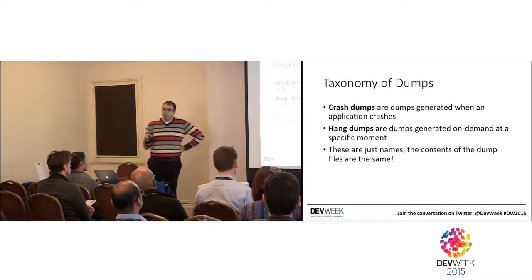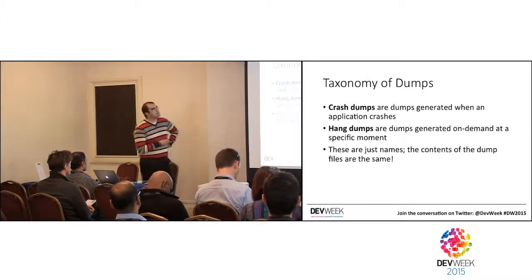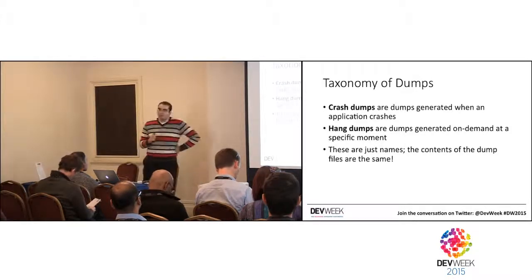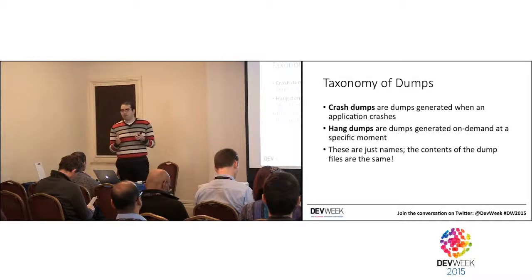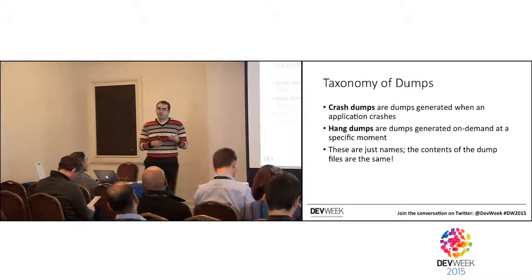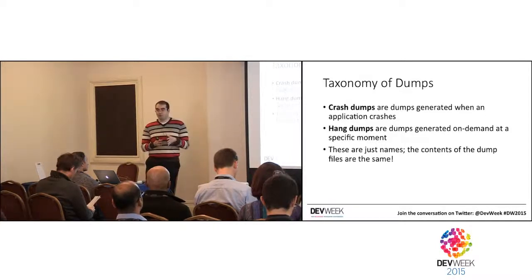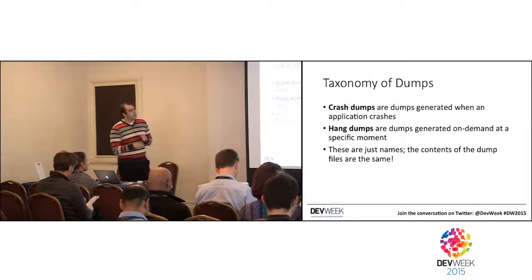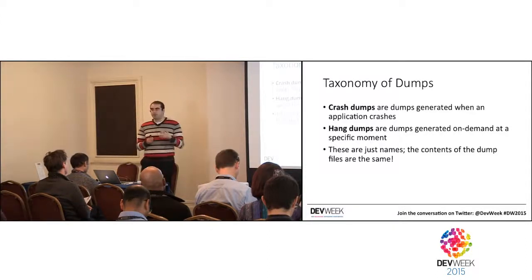Another concept I'd like to introduce you to briefly is that of crash dumps and hang dumps. So crash dumps are usually just that, crashes. So the system crashed and produced a dump file. Whenever the system crashes, you can configure it to produce a file which describes the information, the memory, at that particular point in time. Hang dumps, on the other hand, are generated on demand.